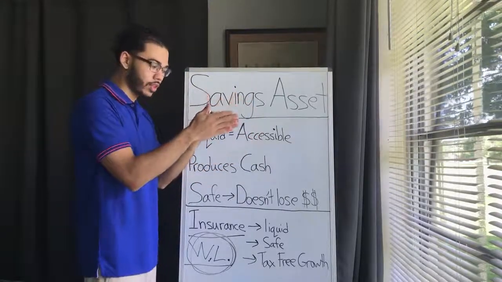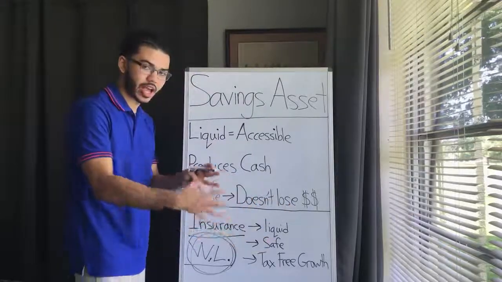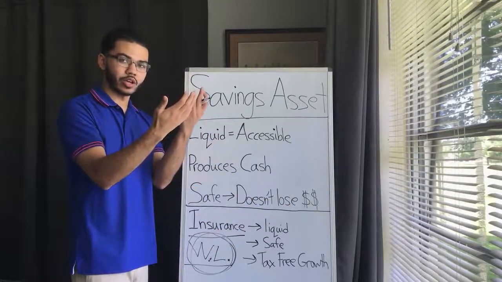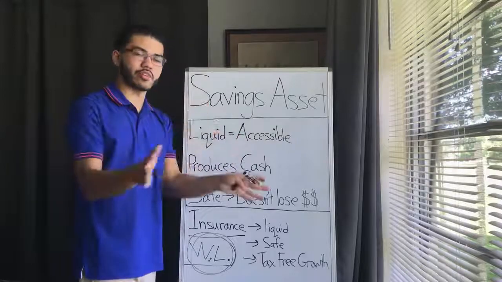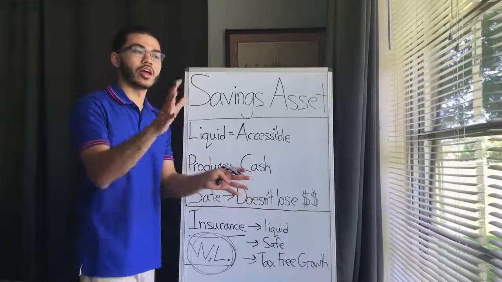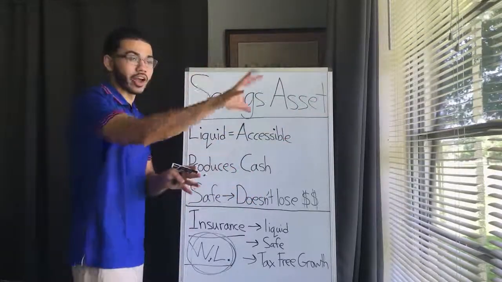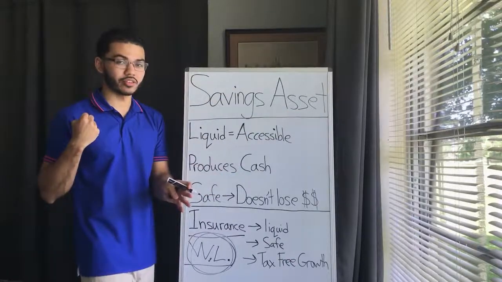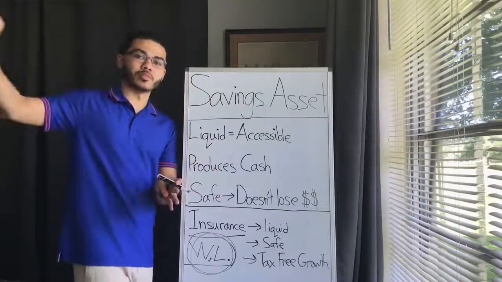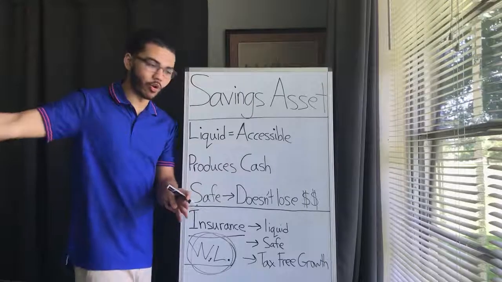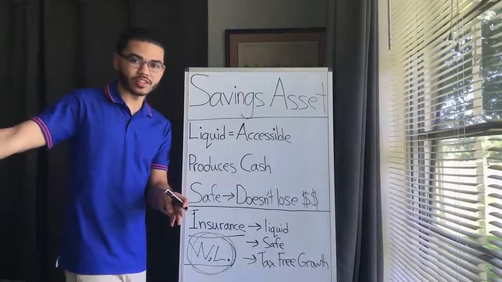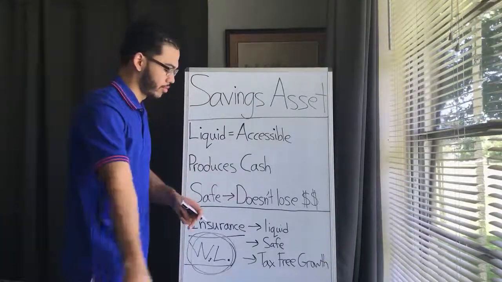Any growth inside of it will produce cash, which you never have to pay tax on. The money's accessible. I can use it to pay debts, to pay the hospital bill, to pay off the mortgage, and do all kinds of things.